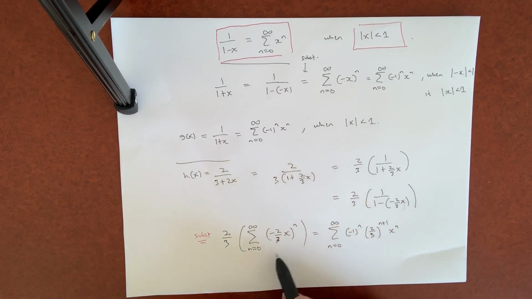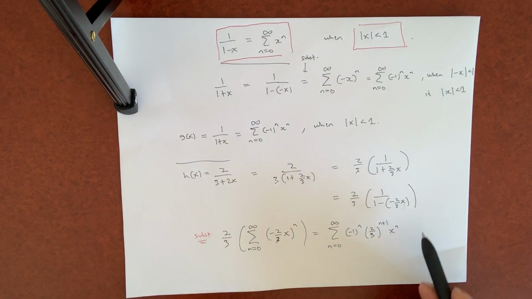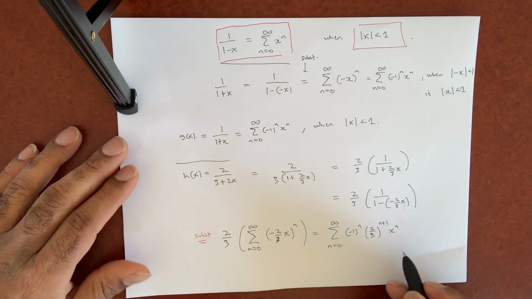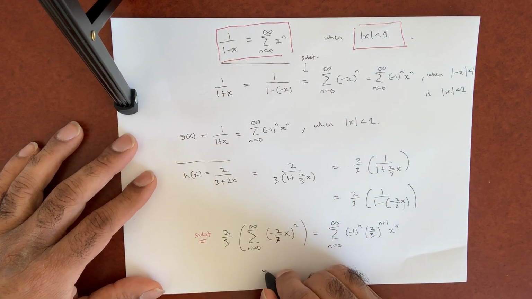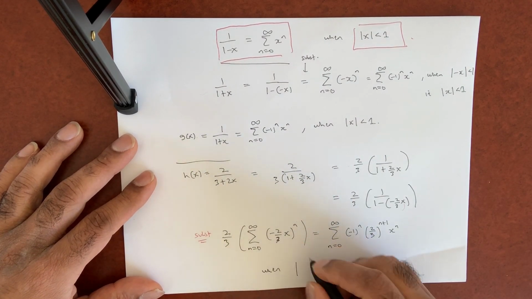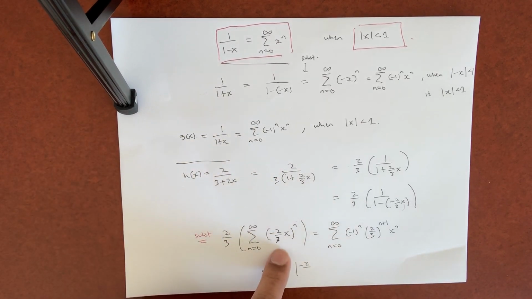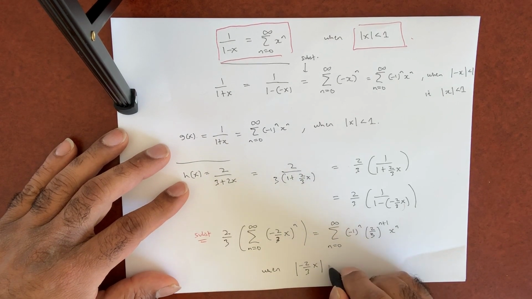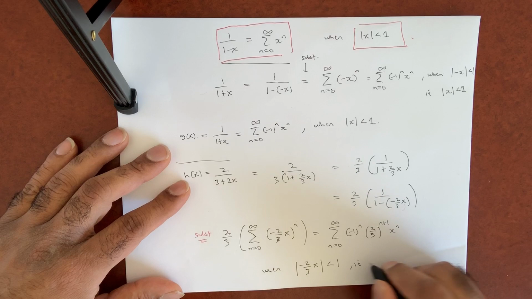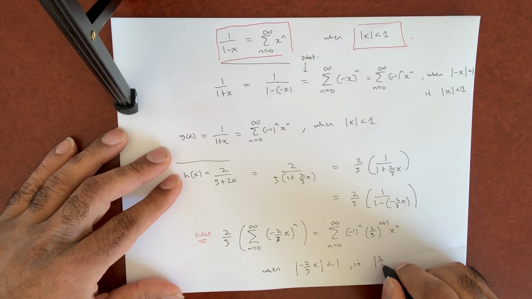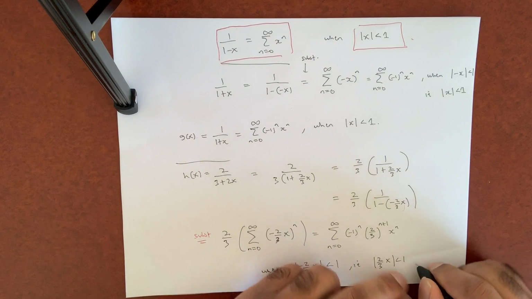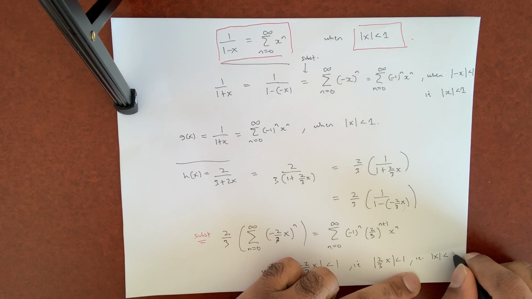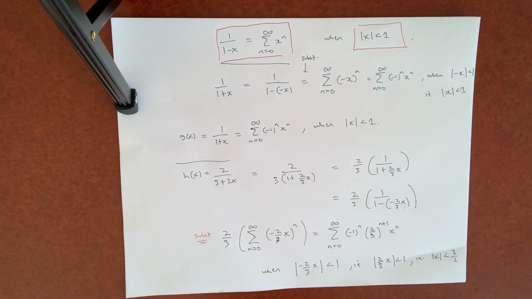And so now I have a nice series expansion of h of x, and again I don't need to do a separate ratio test. You can do that and check that you would get exactly what we're going to get. But this is true when the absolute value of negative 2/3 x is less than 1, because whatever we did the substitution with, that's what we put in this absolute value sign. That is, 2/3 x is less than 1 in absolute value, and that's the same as x being less than 3/2 in absolute value.